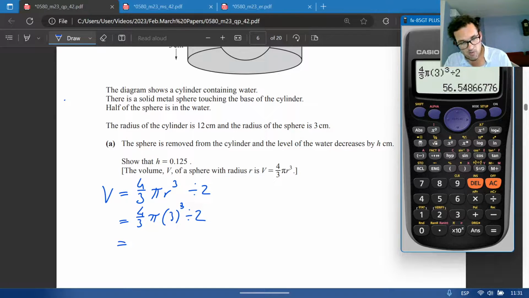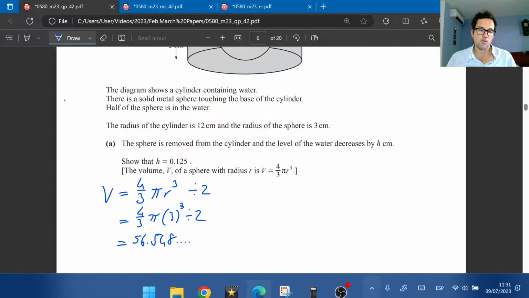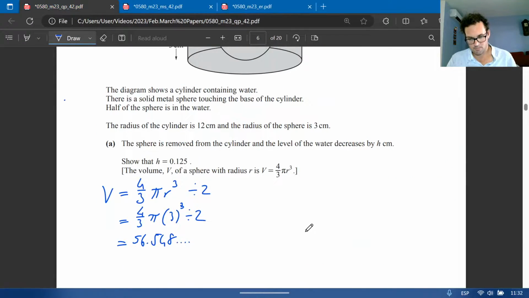Just don't round this, because if you round this to 3 significant figures, your answer is not going to be accurate enough, and then you're not going to get full marks. It says that in the examiner's report every single time.